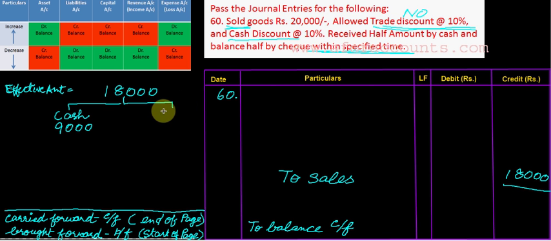So this is by check or say by bank. The payment should have been 9,000. But what about the cash discount of 10% here? Since both the payments by cash and by bank are coming on time, so I have to give discount on both payments. So less 10%, that is the discount amount will be 900.